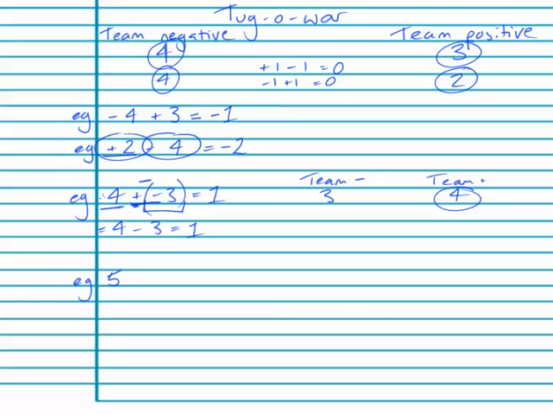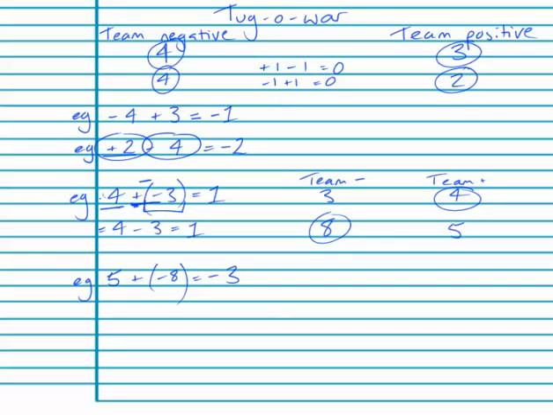Another example, 5 plus -8. So I had 5 people on team positive, and then I got 8 people on team negative. Team negative's bigger this time. Negative by how many people? By 3.